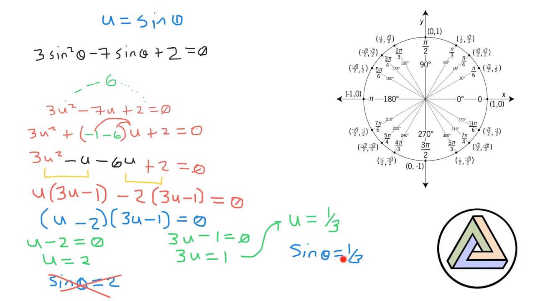Now, this other one does indeed have a solution, because if you think about it, the sine of some angle would correspond with a y-coordinate on the unit circle of 1/3. Now, if you notice, the y-coordinates here range from 0 to 1, so you know that there is some angle in the first quadrant for sure that's going to correspond with a y-coordinate of 1/3.